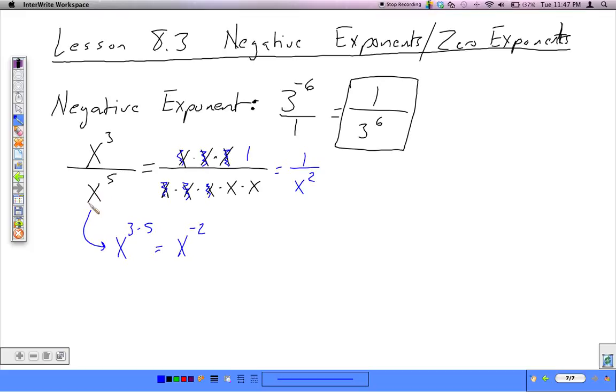Now, notice if I solve the shortcut way, I have x to the negative 2. So by rule, what this actually means, as we can see in the long version, is that the top of the fraction must move to the bottom.